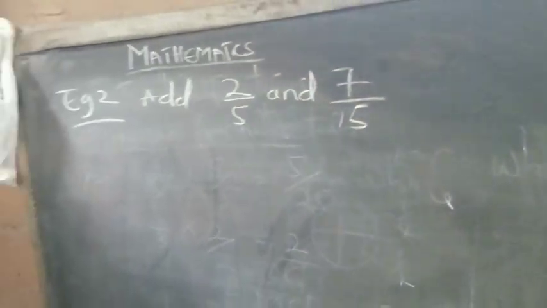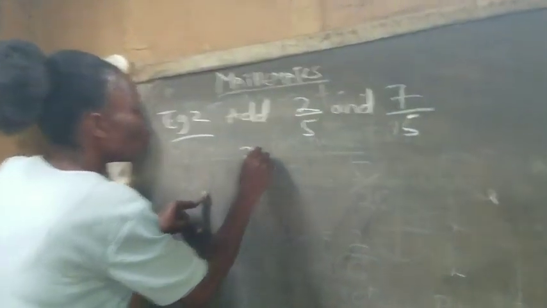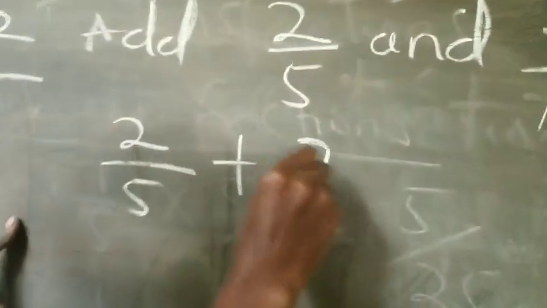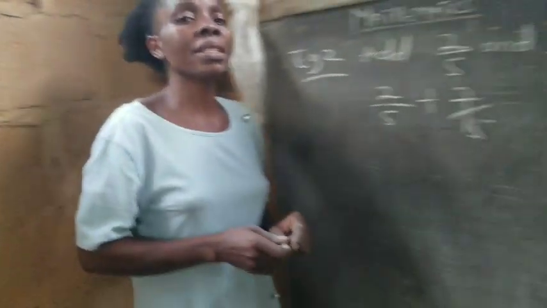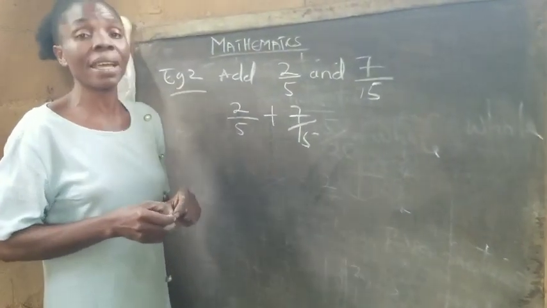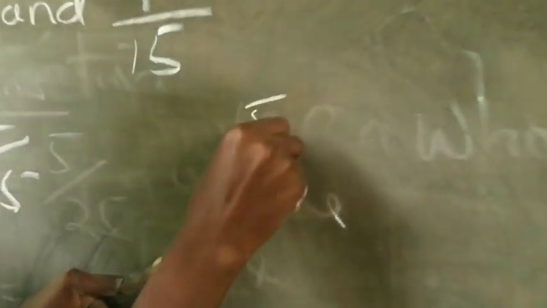Add 2/5 and 7/15. This simply means 2/5 plus 7/15. As usual, we are going to look at the LCM of 5 and 15. Find the LCM.